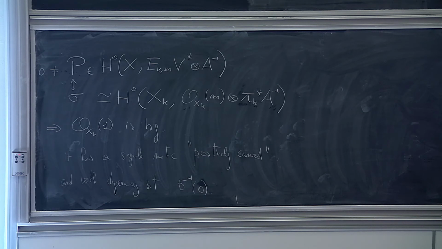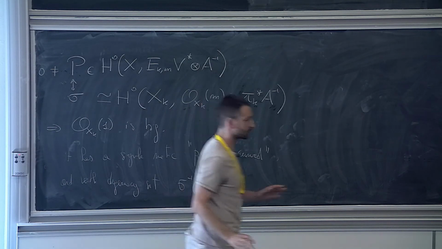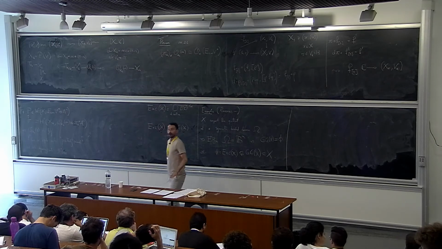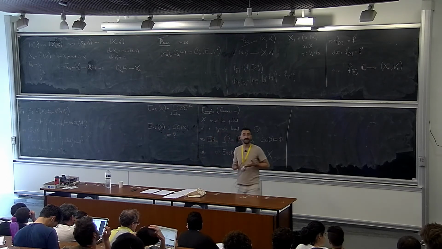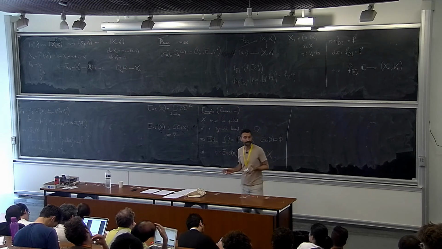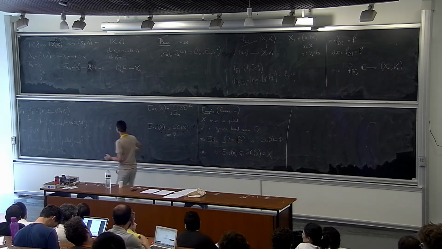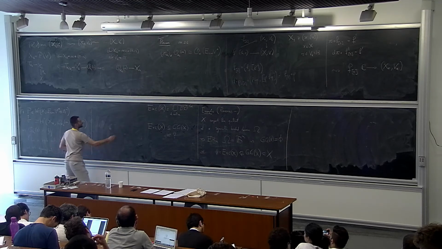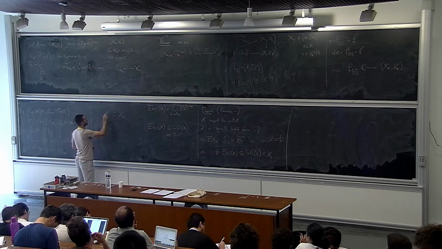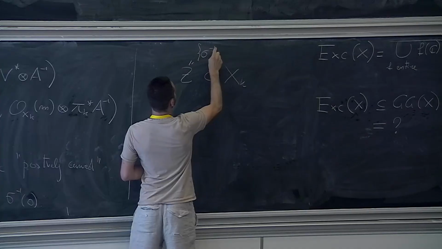I don't want to steal any minute from you, but let me conclude the argument, at least from a heuristic point of view. So you have this xk, and here inside you have this Z, which is sigma minus 1 of 0.